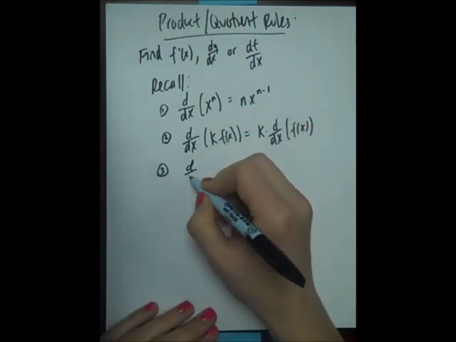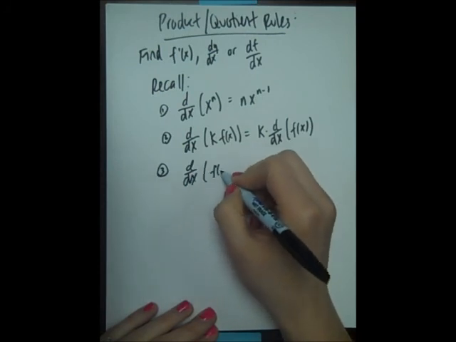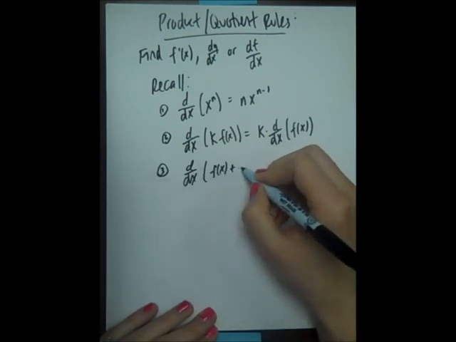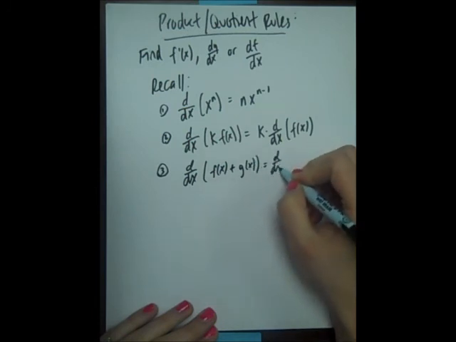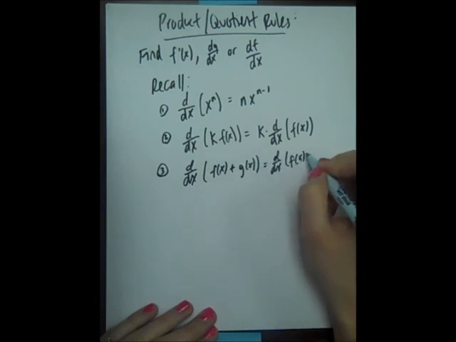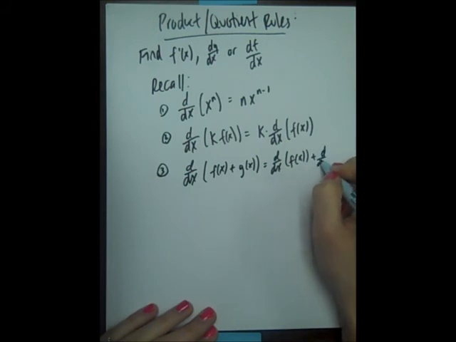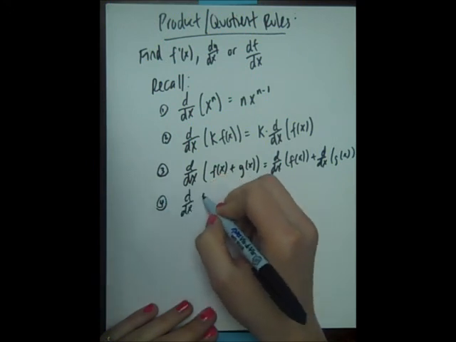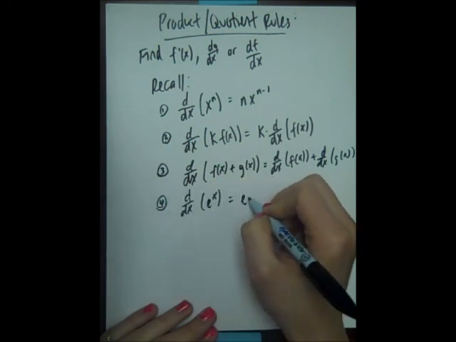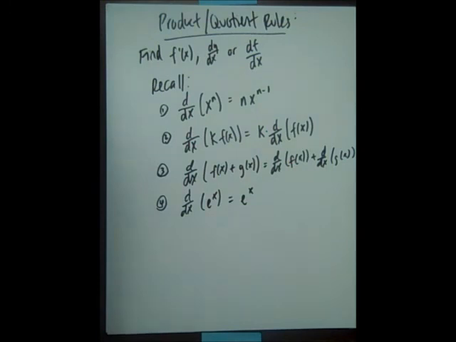We also had the sum rule. So the derivative of f of x plus g of x is the derivative of f plus the derivative of g. And then lastly, we had that the derivative of e to the x was just e to the x. So at this point, those are the 4 derivatives that we know how to do.